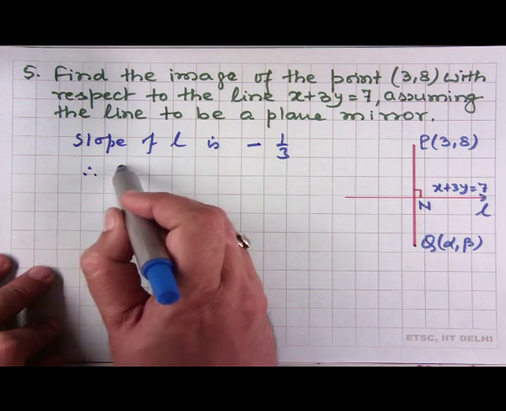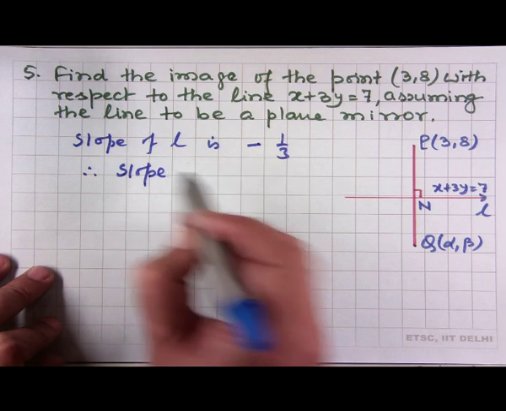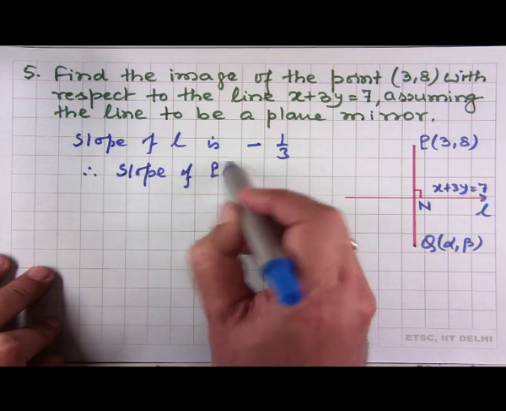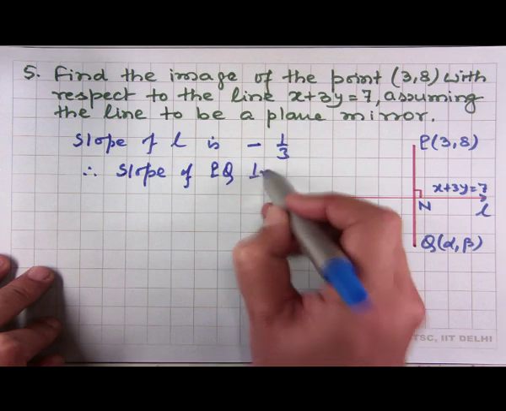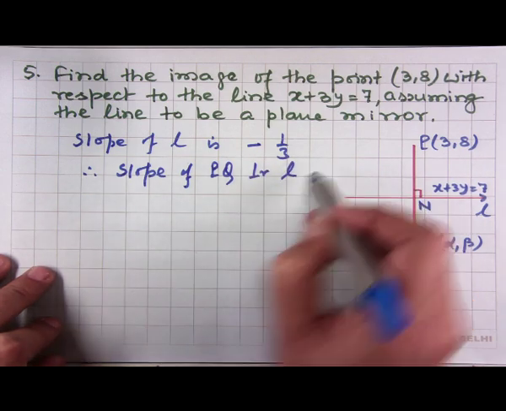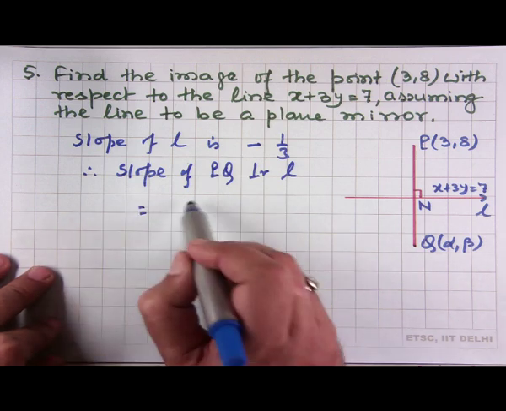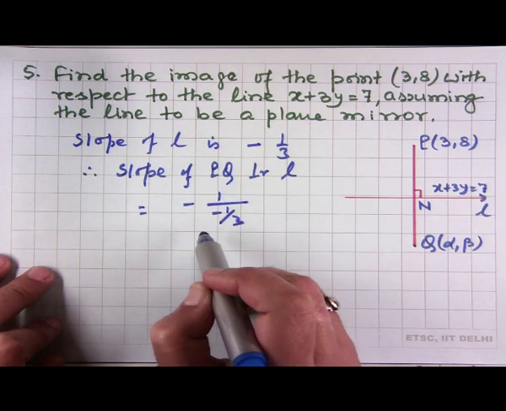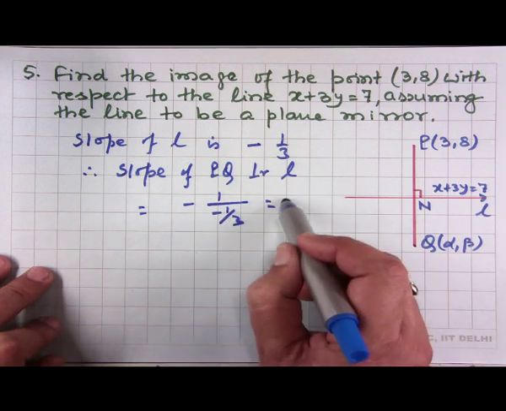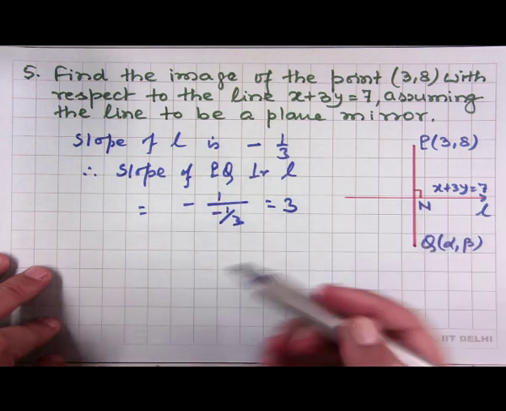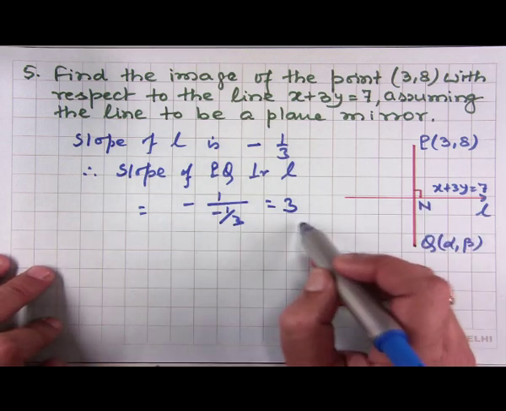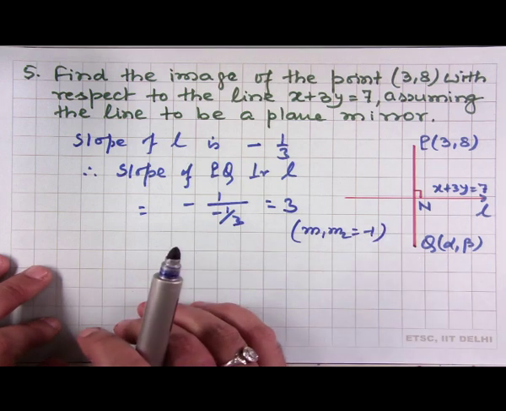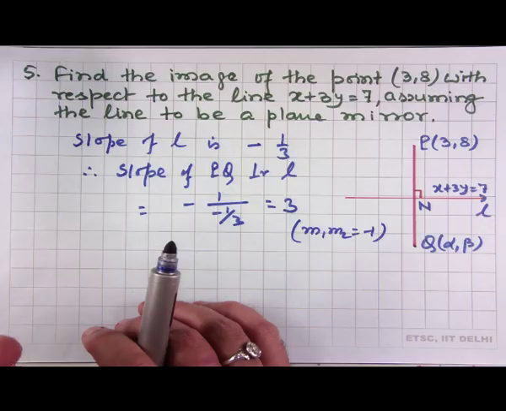So slope of PQ, which is perpendicular to L, is equal to minus of minus 1 by 3, which is 3, because we know that the slopes of perpendicular lines are related like m1 into m2 equal to minus 1. So the slope of a perpendicular line is the negative reciprocal.